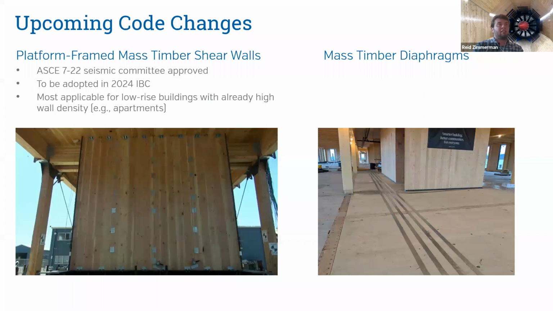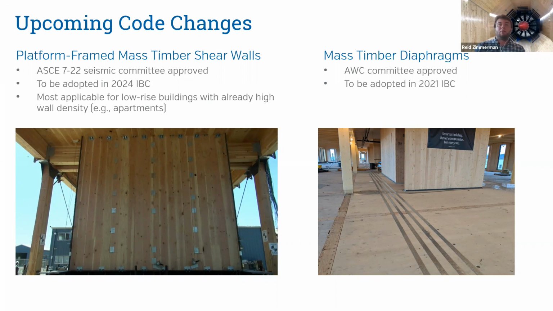And then, mass timber diaphragms. Untopped mass timber diaphragms, Katie was talking about this limitation of 35 feet cantilever length. Untopped mass timber diaphragms are approved by the AWC committee. They're going to be adopted in the 2021 IBC, so it's a little bit more imminent.